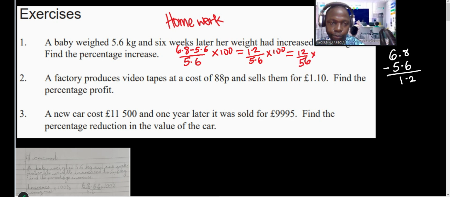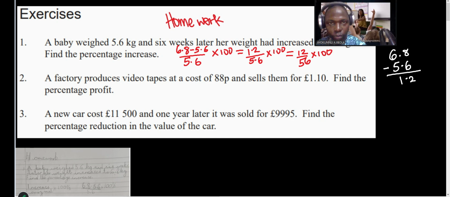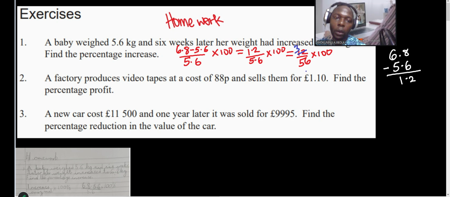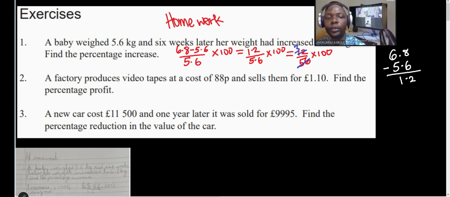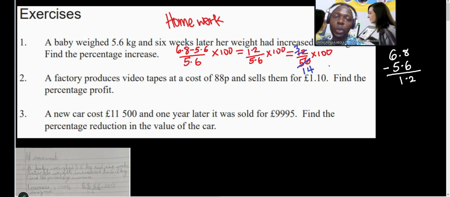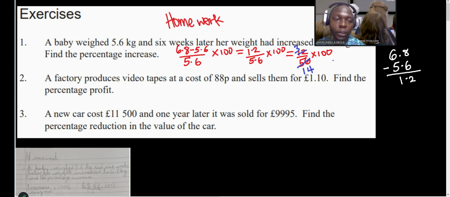So you can now cut it down. How many 4 goes in 12? 3. How many 4 goes in 56? It's 14. So you multiply 3 by 100, that's 300. So 300 over 14. If you divide by 2, 150 over 7, right?